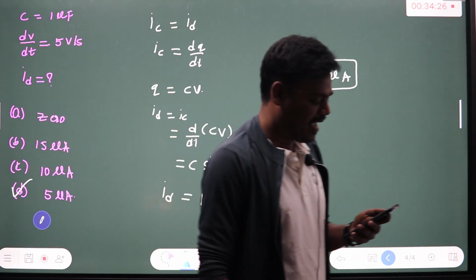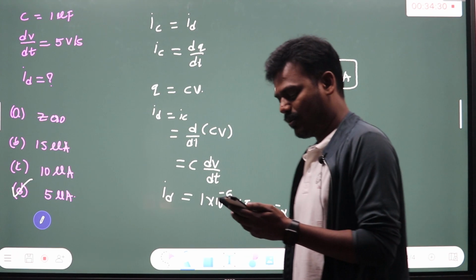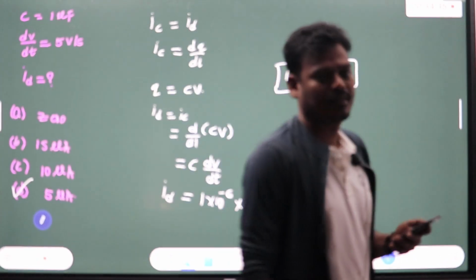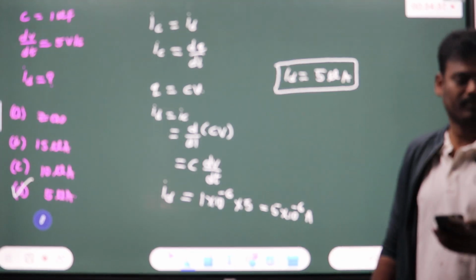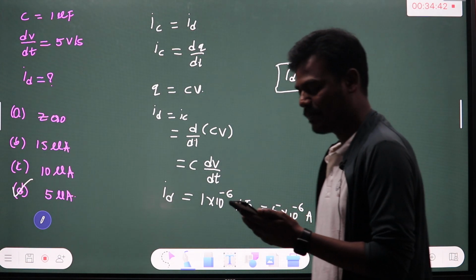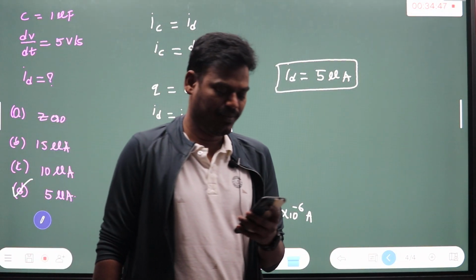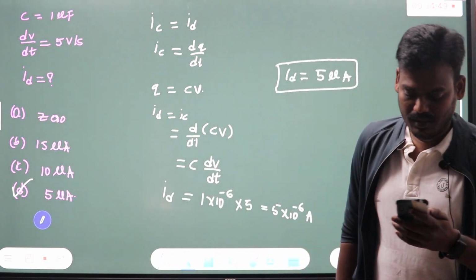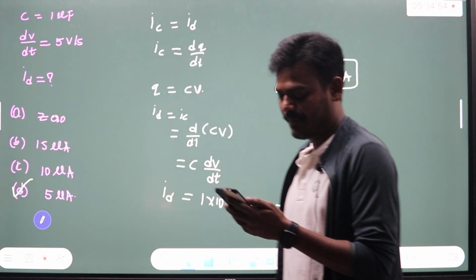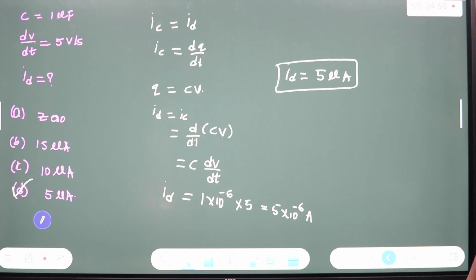What are the magnitudes of conduction and displacement current? Here you need to find out IC and ID. What are the magnitudes of conduction and displacement current when it is fully charged? The condition they have given is fully charged.